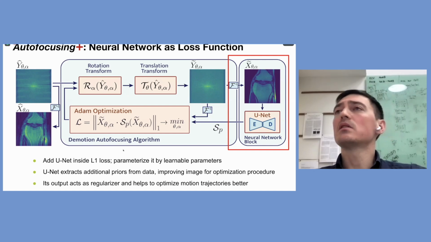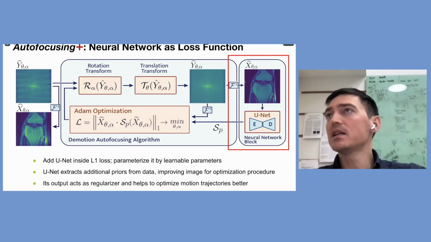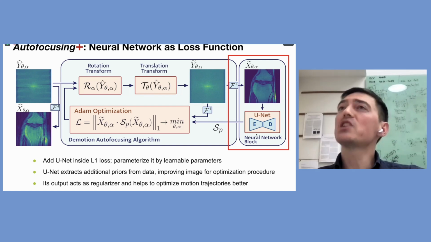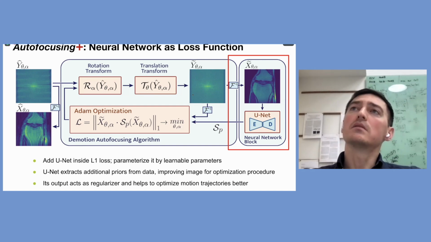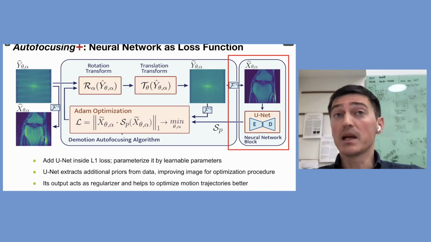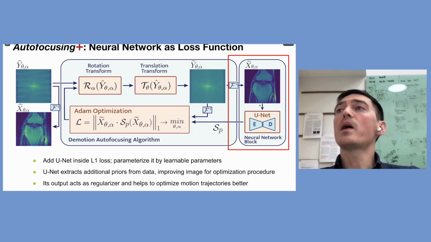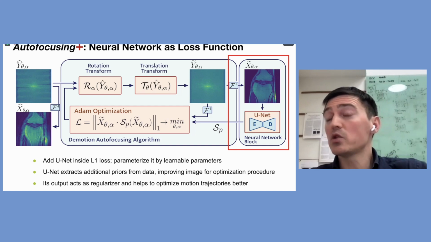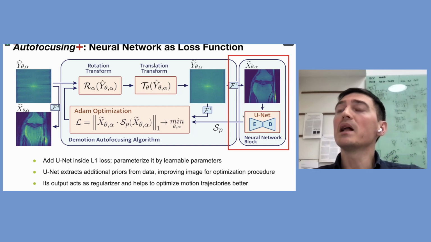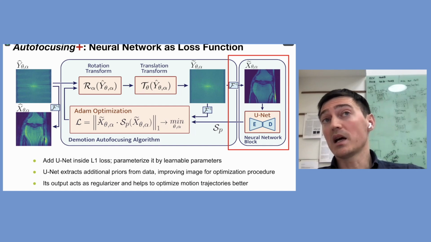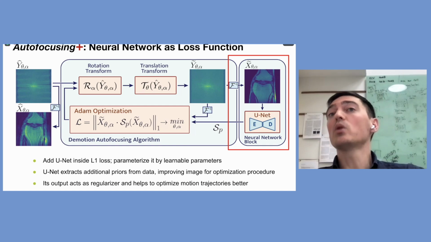So now a proposal: we added just a little bit of prior information over here, where whatever you did in the baseline autofocusing, you also pass through another UNet. This is just one example of an architecture that could be used. But really what you're doing is taking this output in the image space and multiplying it by the iterative output of the autofocusing, and then you perform your optimization.